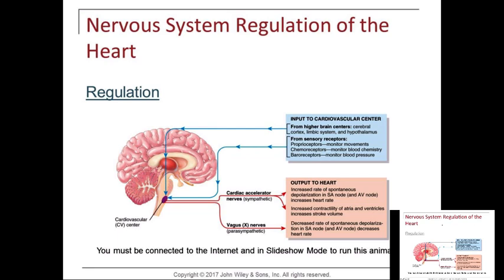So when you look at certain regulators, it's really important to understand the major influence, especially in that region right here called the medulla oblongata. Remember the importance of the vagal nerve, cranial nerve number 10, but in the medulla is the cardiac center, the cardiovascular center, really important.